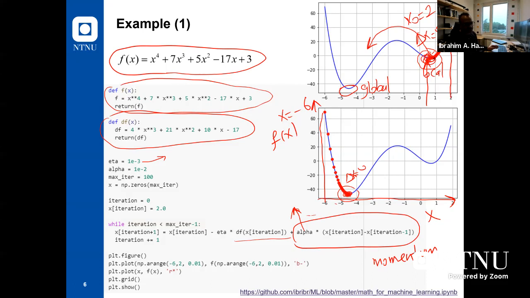I can remember the last 2, 3, 4 iterations. If I know that I have a bumpy surface like this one, maybe I need to remember more values from here. When we remember more values, it will be important to try to get out from this trap or this local minimum.